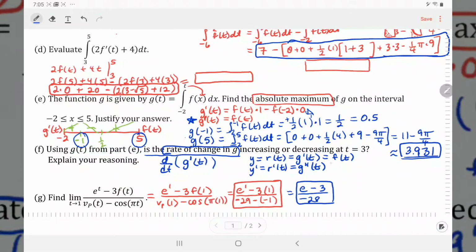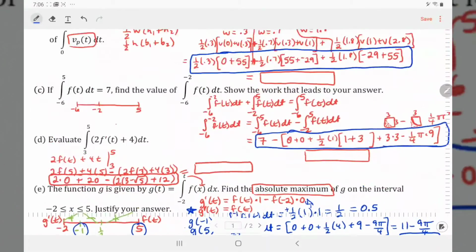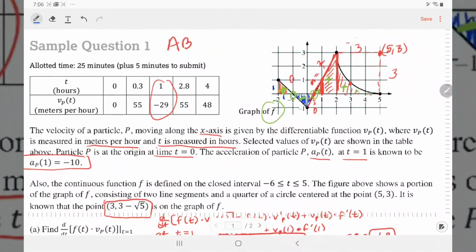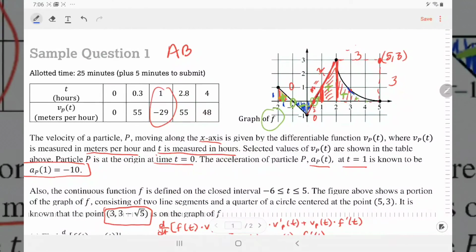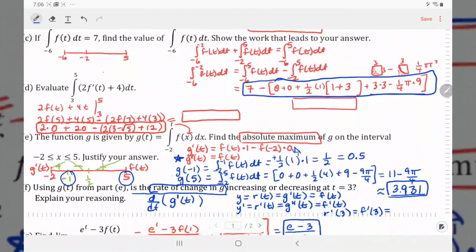And then I want to know r prime of 3. I don't have to do a number line because I want it at a specific value. So I just need to know what the derivative of the rate is, so that would be f prime of 3. And f prime of 3 is the slope at 3, which is negative, so less than 0.